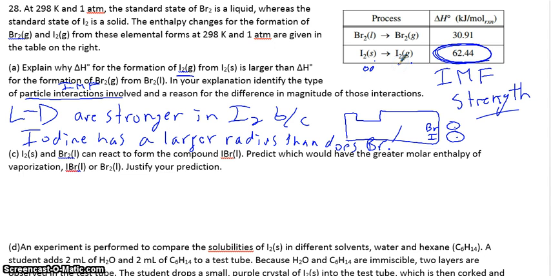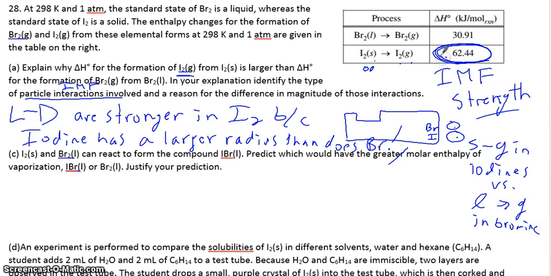So you can also add, and that won't hurt, we're going from a solid to a gas in iodine versus liquid to a gas in bromine. That will also make this a higher number, because they're asking for why I2 is a higher number than Br2.